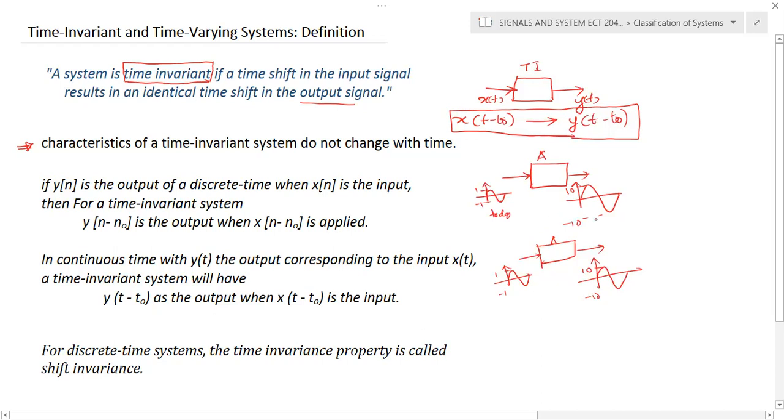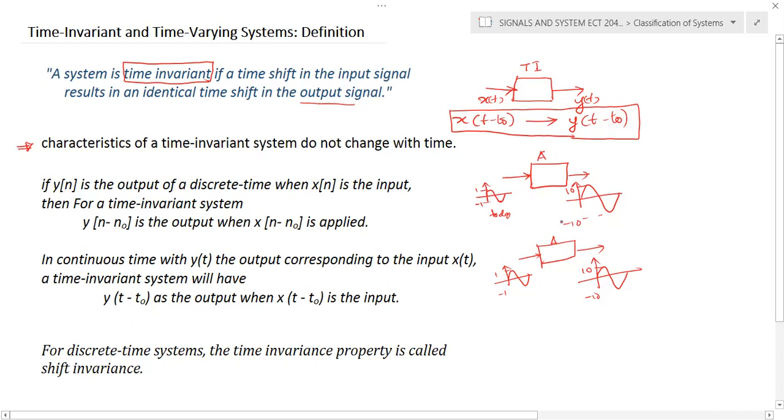So with respect to temperature, all these values may vary. But in an ideal case, if the parameters are not changing, we can call the amplifier a time invariant system. We will get exactly the same output irrespective of the time. But practically, it's not true.